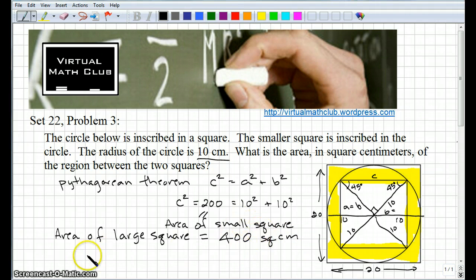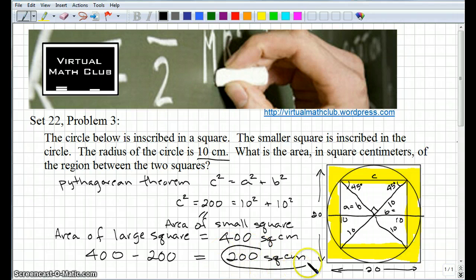We've got 400 for the large square and 200 for the small square. So we're left with 200 square centimeters for the area between them. We just took the outside area and subtracted the inside area. So there you go. The area between the two squares is 200 square centimeters.